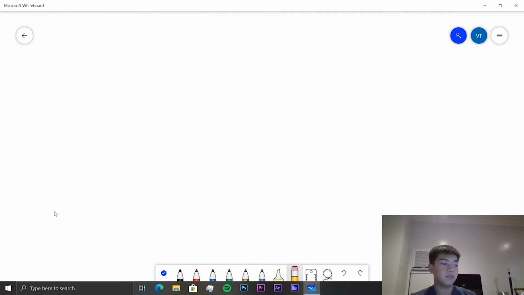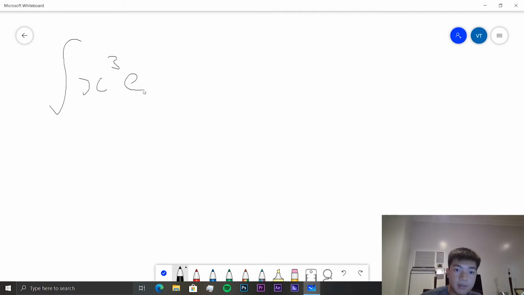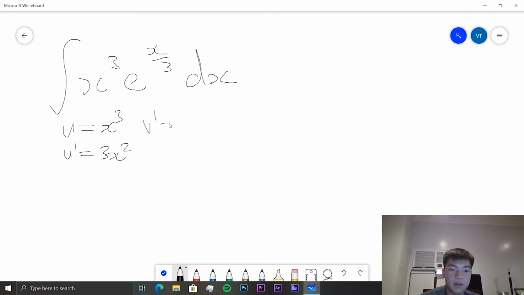Now on to the next one. We have the integral of x cubed times e to the x over 3 dx. So we're going to integrate this actually 3 times. So the first one is u is x cubed, u prime is equal to 3x squared, v prime is equal to e to the x over 3, and v is equal to 3 e to the x over 3.